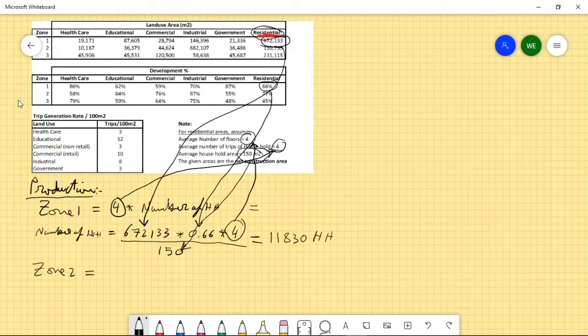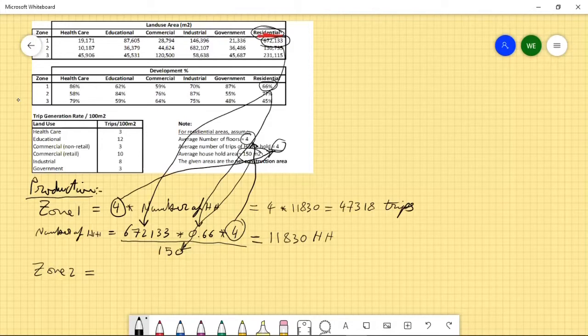You get that? Okay. So here we have 4 multiplied by 11,830. Multiply by 4, so we have 47,318 trips for that zone.